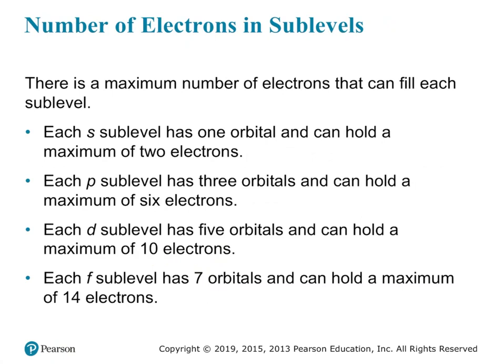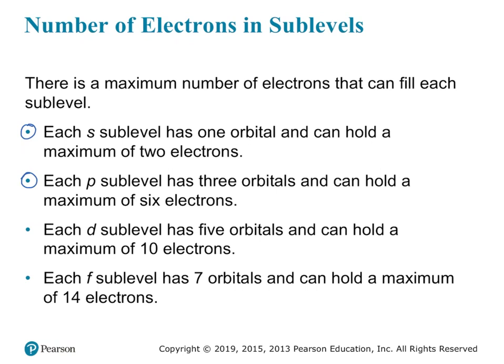Okay, so we said that each orbital can hold 2 electrons maximum. So each s sublevel has 1 orbital and can hold a maximum of 2 electrons. Each p sublevel has 3 orbitals and can hold a maximum of 6 electrons.